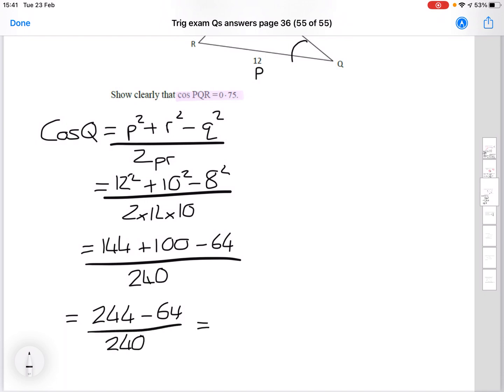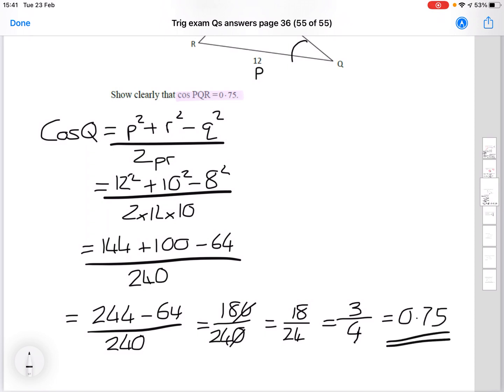So 244 minus 64 is 180 over 240. Then we just need to simplify that down. You could divide them both by 10 to get 18 over 24. Divide them down again, they both divide by 6. You'll get 3 over 4, which is 0.75. That's the same thing. So that is what you were asked to show: cos of PQR is 0.75.